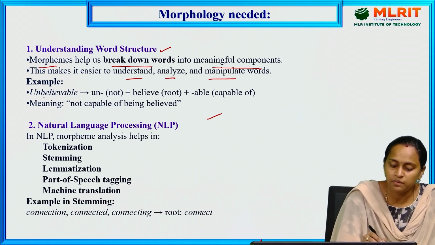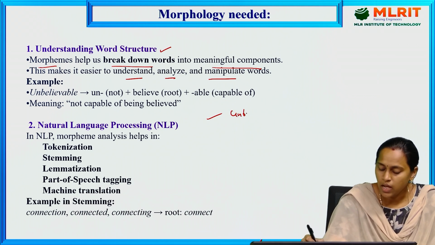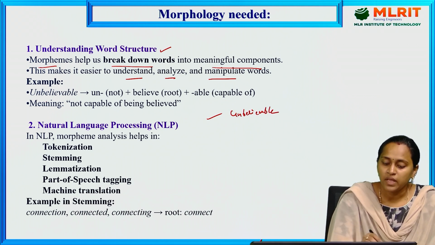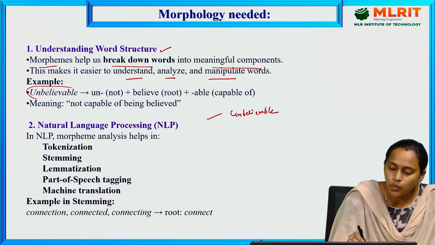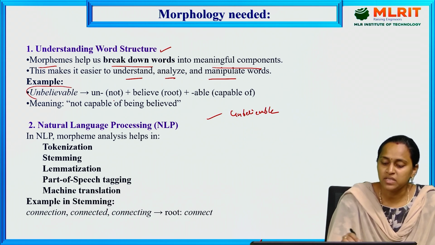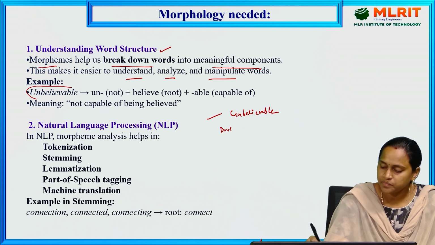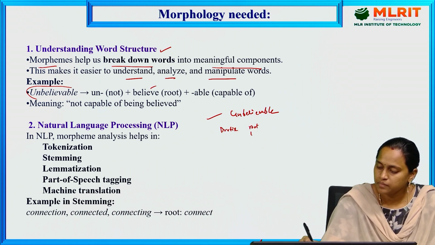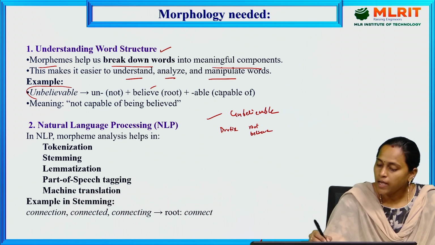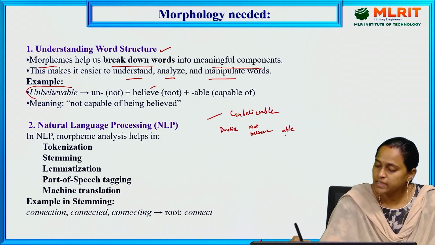Take the example unbelievable. This word is broken down into un, believe plus able. Un means not, that is the prefix. Believe is the root word, that is the stem. Able is the suffix.